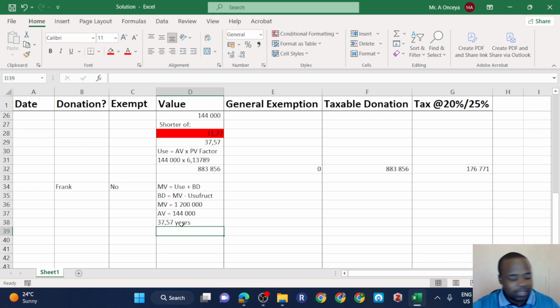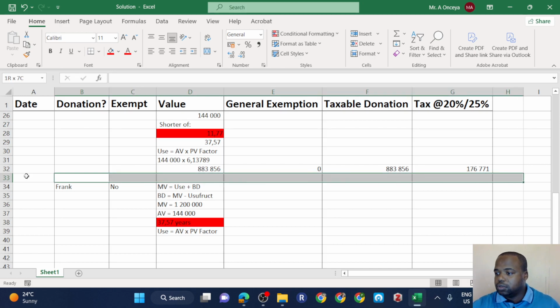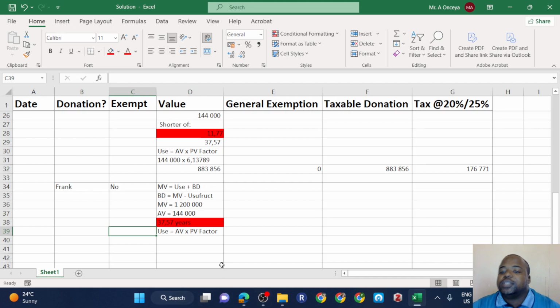Our use will be the annual value multiplied by the PV factor associated with 37.57 years. Remember, now we're dealing with Frank, so let me put a line here of separation.